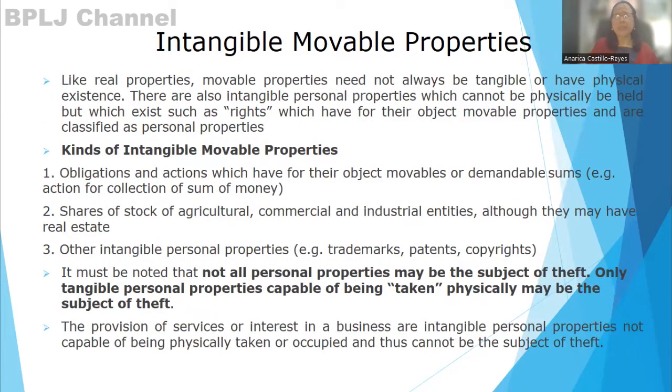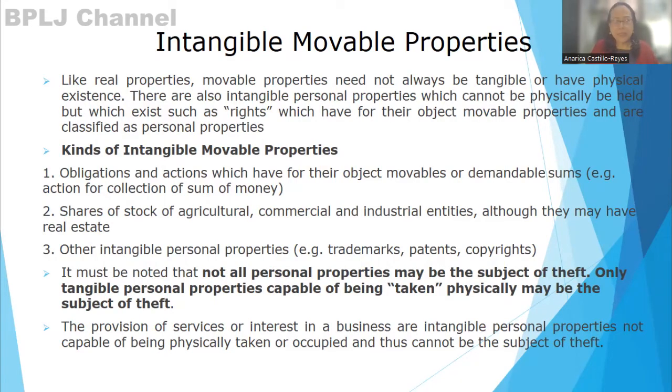Now, as I have said a while ago, movable properties are not only tangible. There are the so-called intangible personal properties, such as rights which have for their object movable properties.